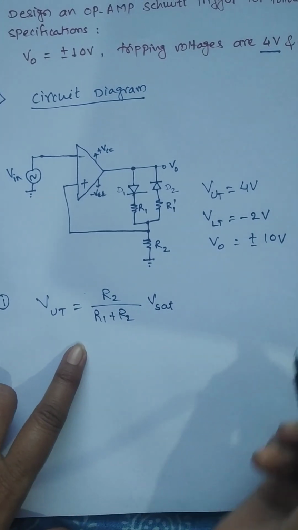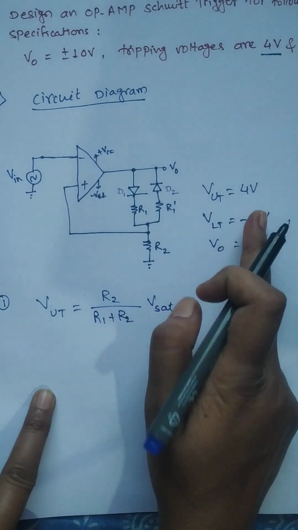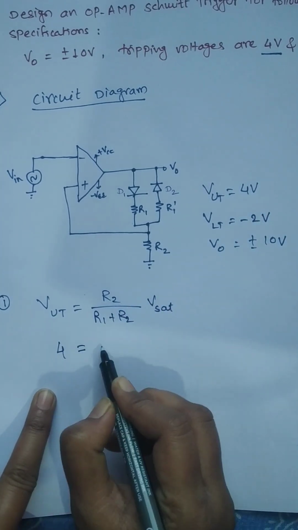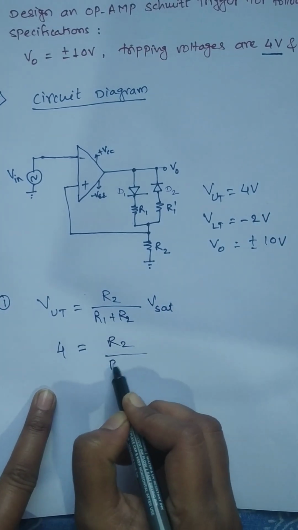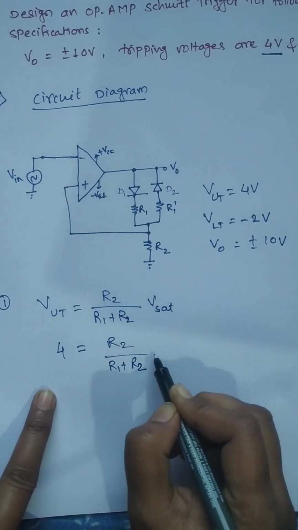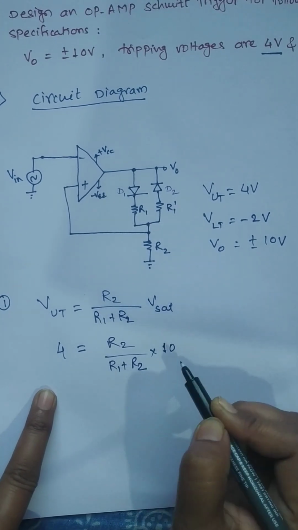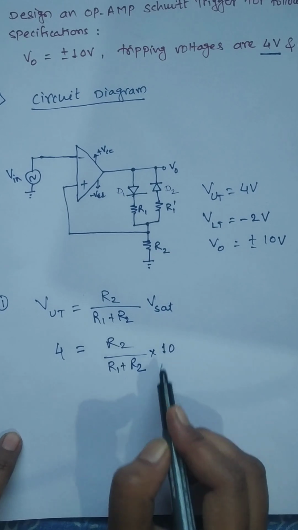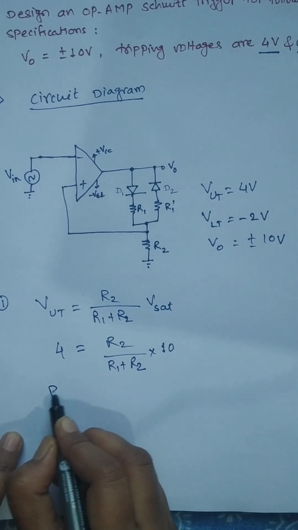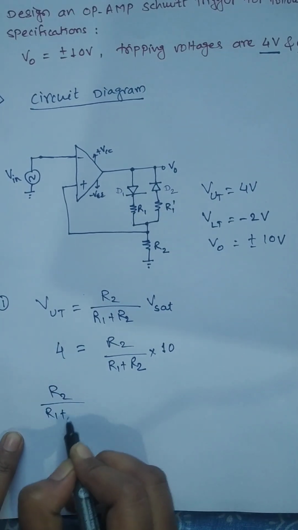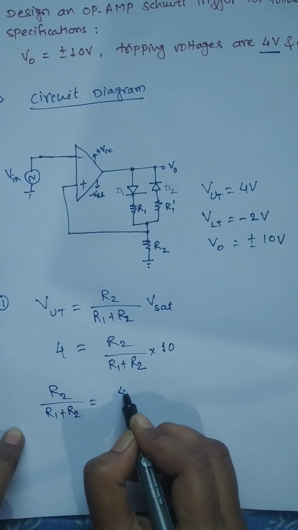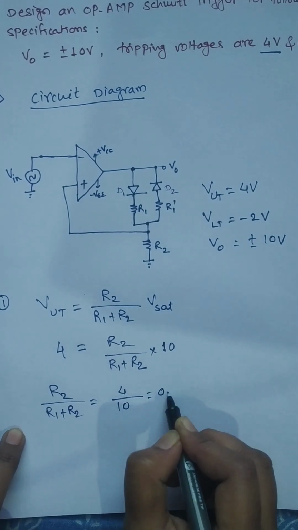So let us solve. VUT value is given as 4 volt, equal to R2 upon R1 plus R2 into Vsat, which is 10 volt. So transferring 10 to this side, R2 upon R1 plus R2 will be equal to 4 upon 10, which is equal to 0.4.